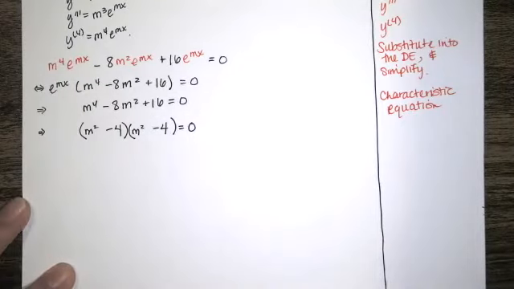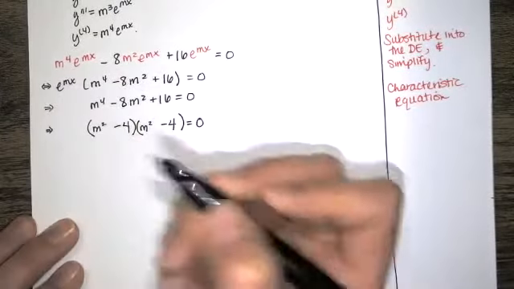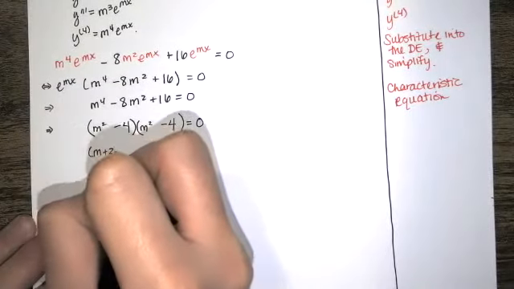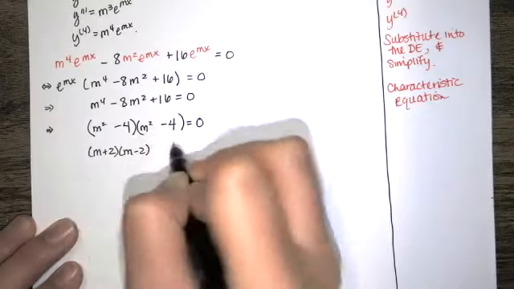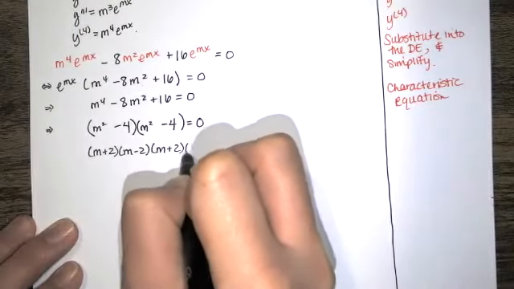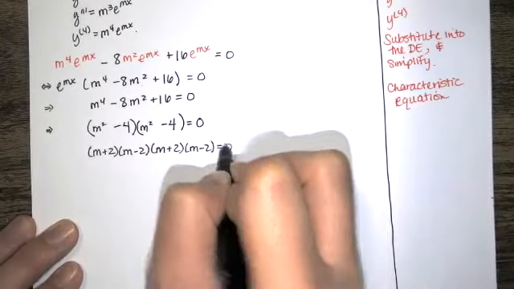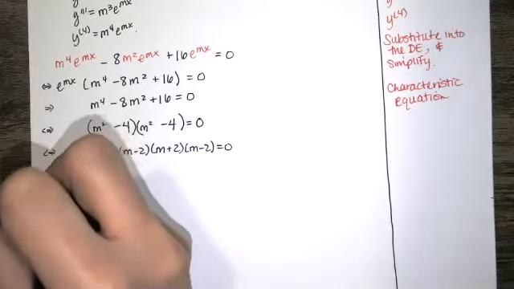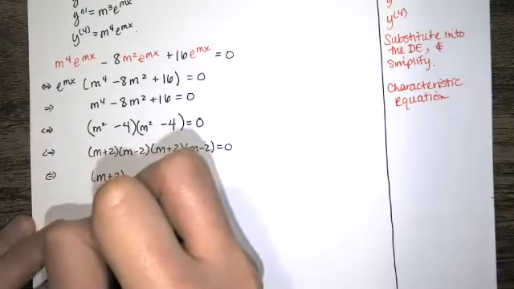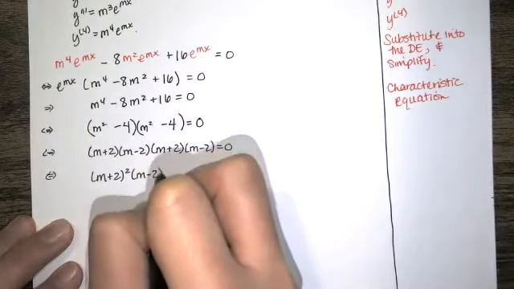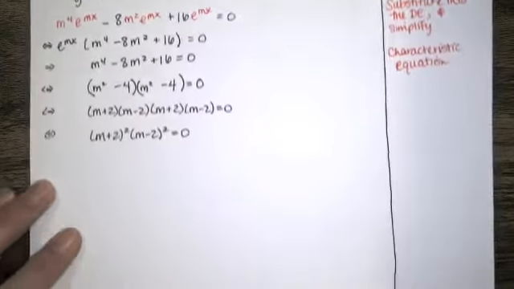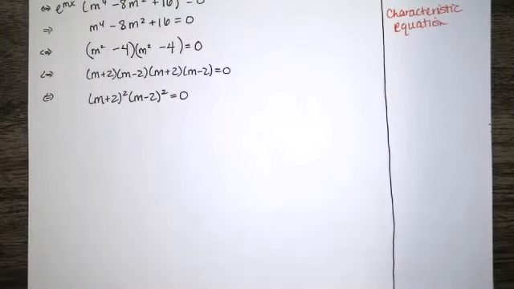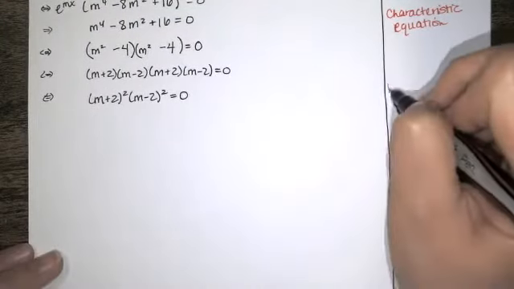And so now we've got this. And each of these is a difference of squares, so we can factor those to m plus 2 times m minus 2 and m plus 2 times m minus 2. And that means we've got m plus 2 squared times m minus 2 squared. So that is the factored form of our characteristic equation.